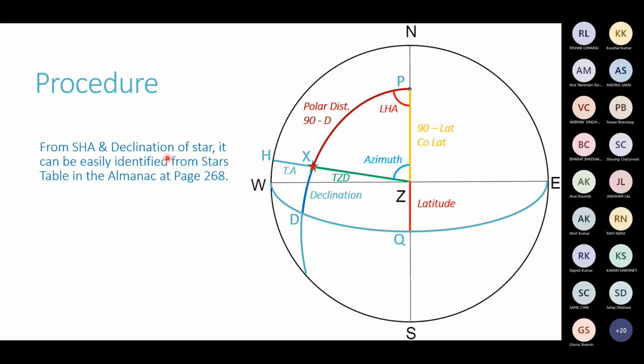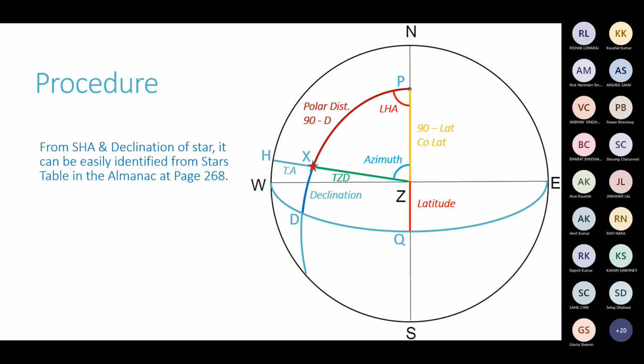If you have a doubt about the name of the star in the stars table list, and your SHA is close to two particular stars' SHA, you just go to the declination part and check the declination of both stars. You will see that the declination which you have calculated will match with the declination of only one star, and that is the star we are looking for. So a combination of SHA and declination gives us a sure shot identification of the star which we have used for our sight.